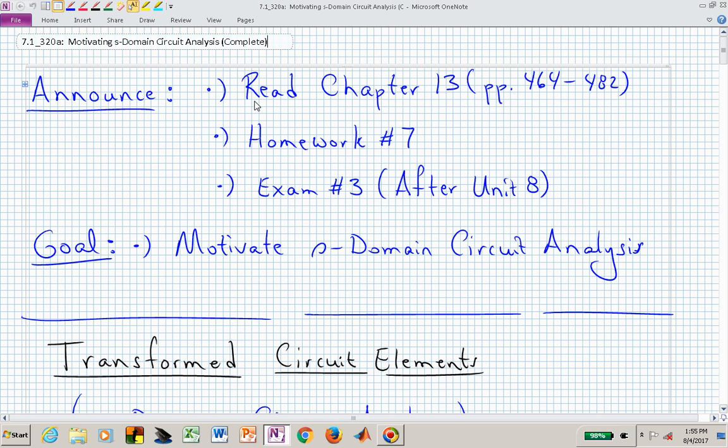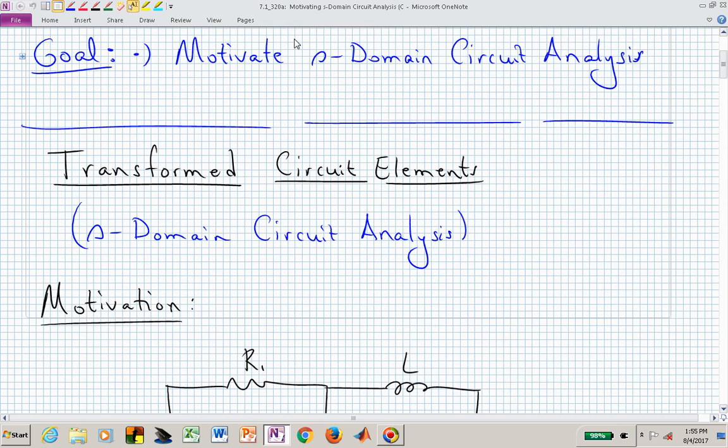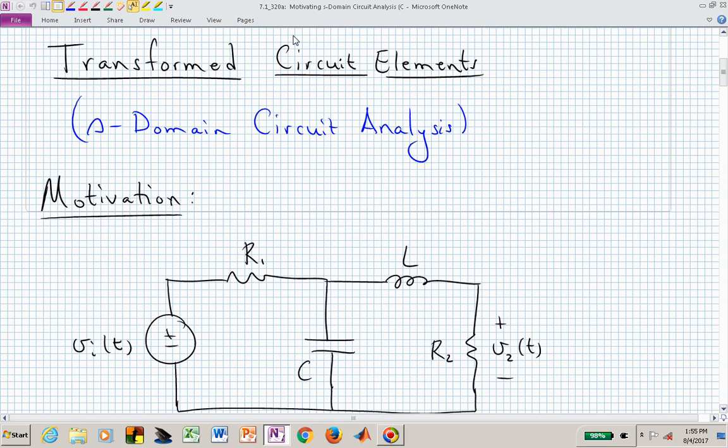Which means that in this video we want to motivate the concept of transformed circuit elements, or solving circuits in the S domain, the frequency domain, directly.